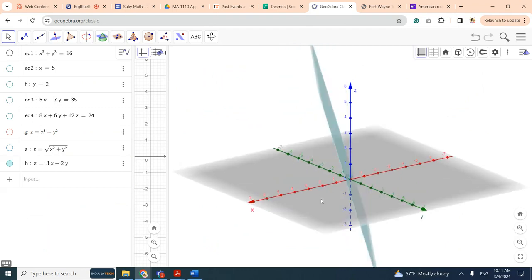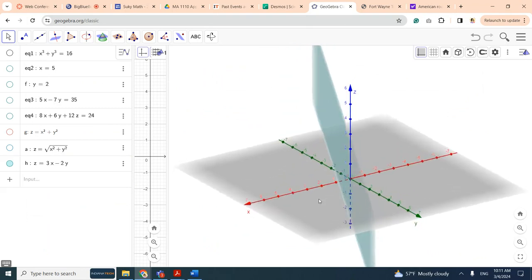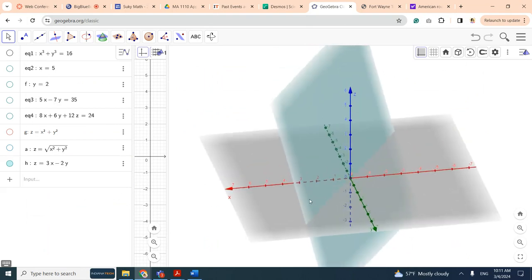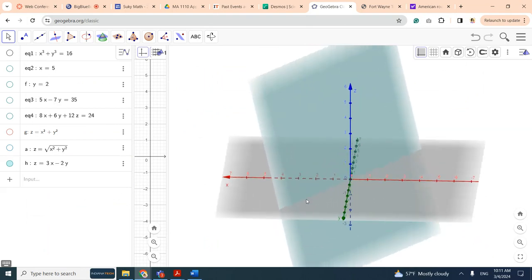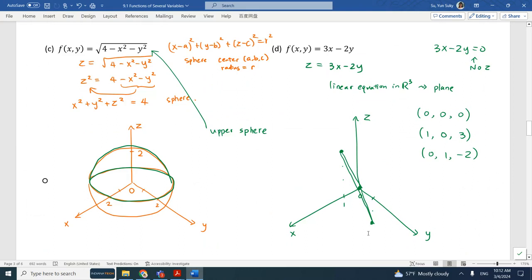So now can you see the plane? It's like that. So our picture is not so good, but if you rotate the x and y axis, you can see the plane better. Yeah, here the plane is like that. All right, so this is how we draw the surface.